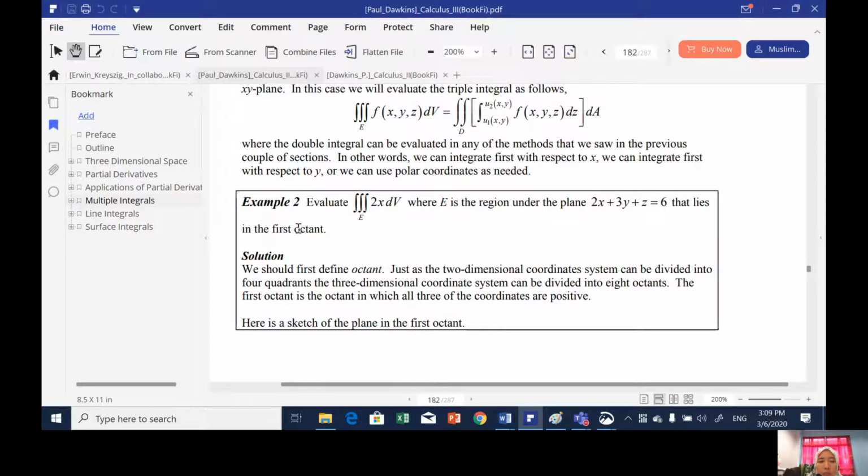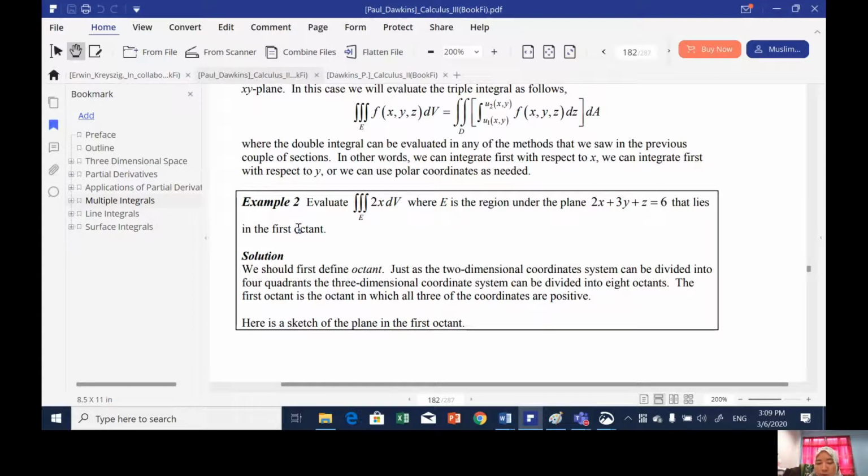If it's in a two-dimensional coordinate system, we call it the first quadrant. If it's in 3D, then we call it the first octant, so the term must be changed.